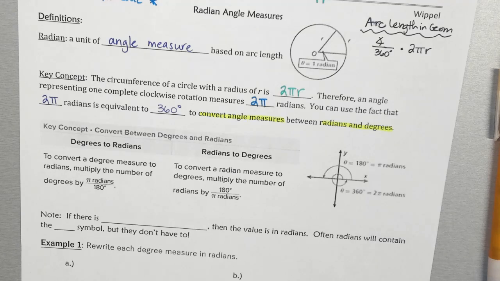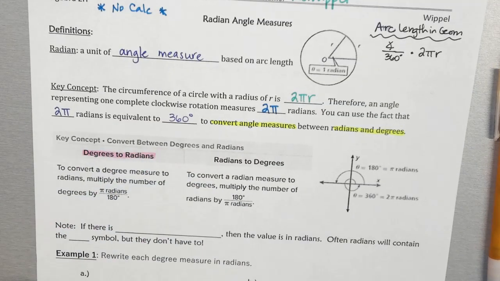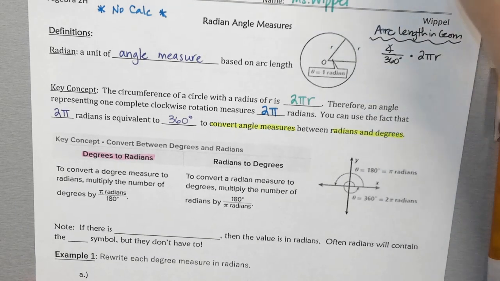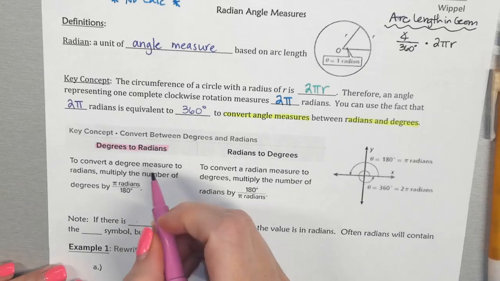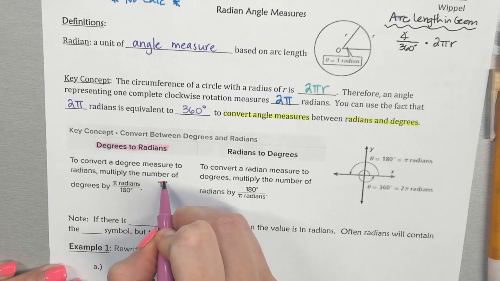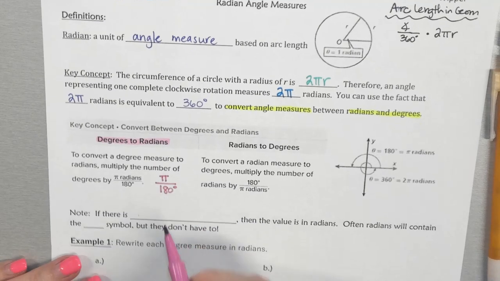So when you are converting from degrees to radians, okay, you are going to multiply by pi radians over 180 degrees.